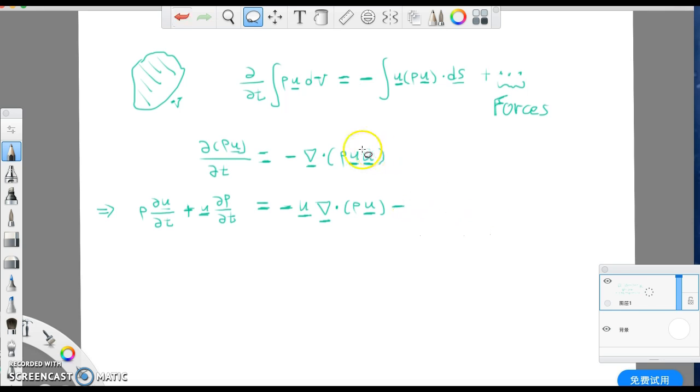You should have a term which looks like rho u dot grad u.